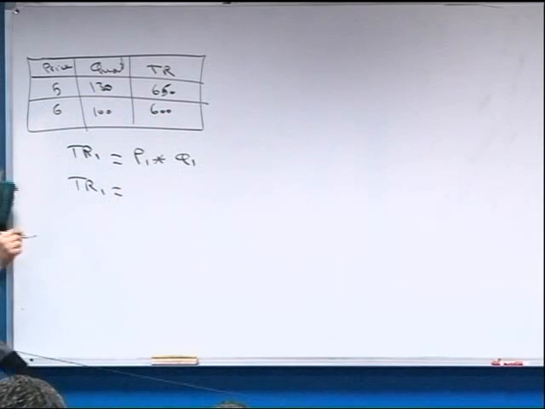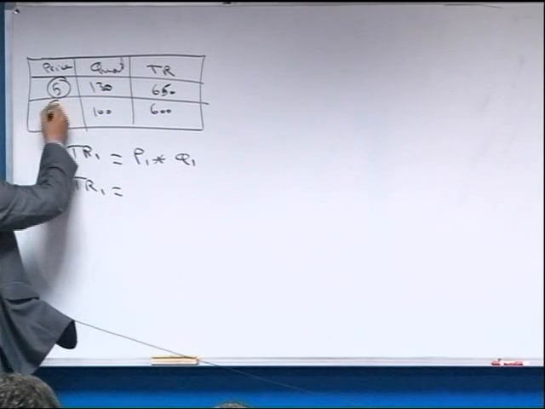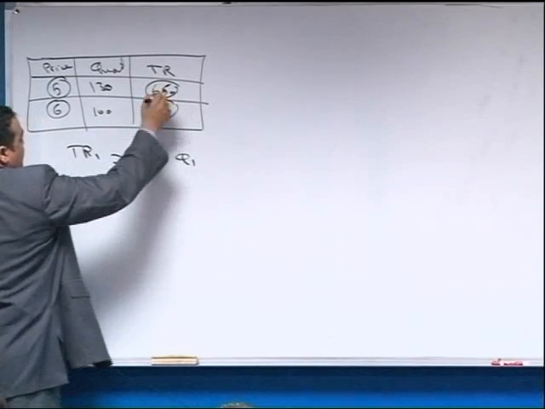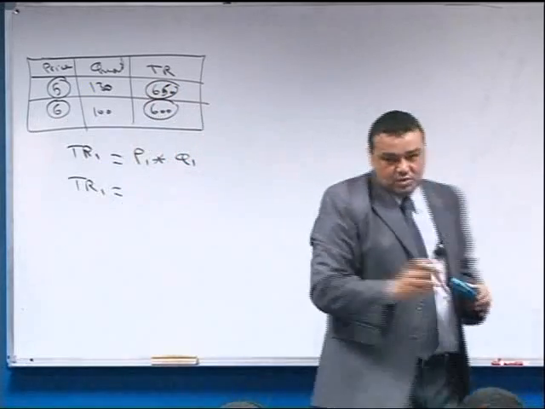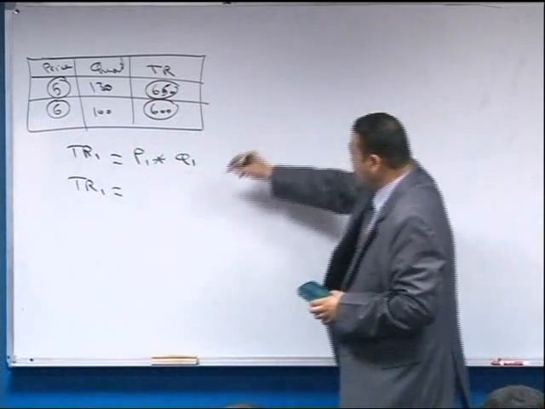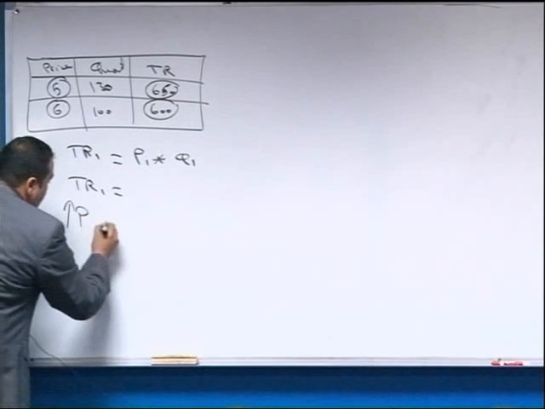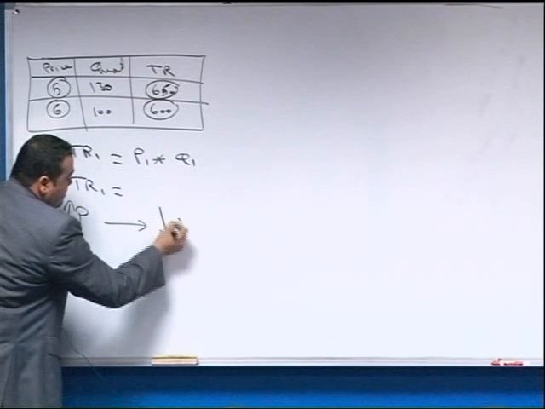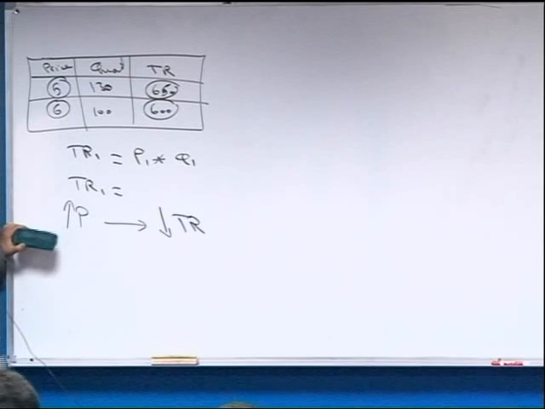So as you see, when the price increased from 5 to 6, the total revenue declined from 650 to 600, so the demand is elastic. Thank you. So when the price increased, the total revenue declined, so the demand is elastic.